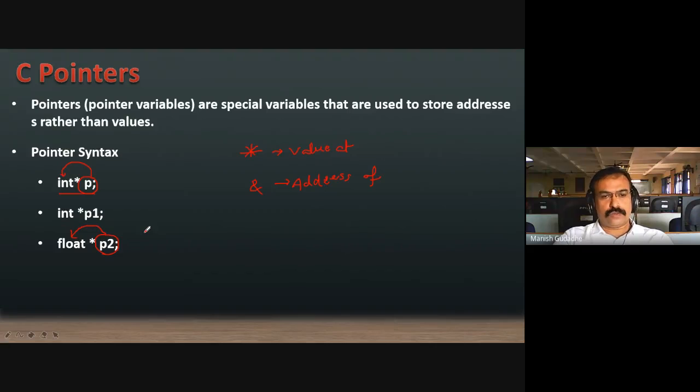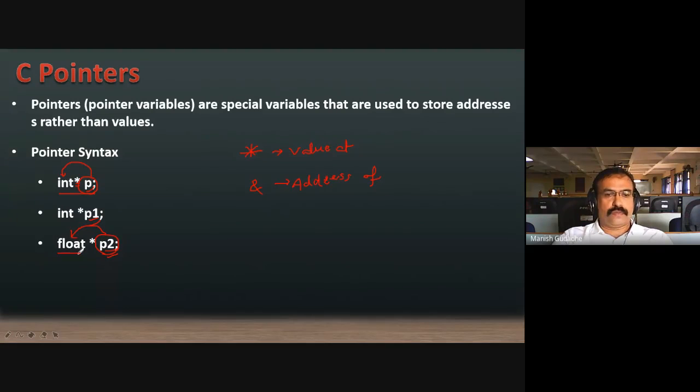So this thing you need to keep in mind. Whenever I declare a variable with the symbol asterisk, it makes that variable a special variable. Special in what sense? It can hold only the address of some variable of any type.